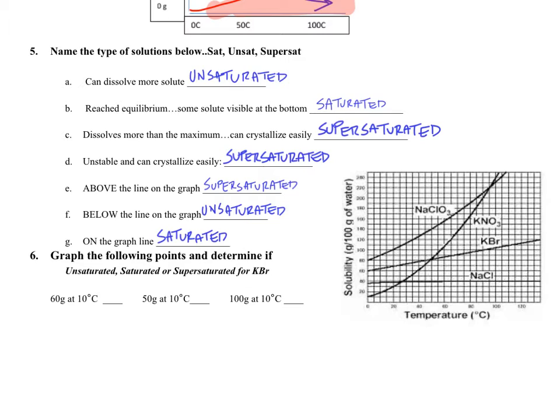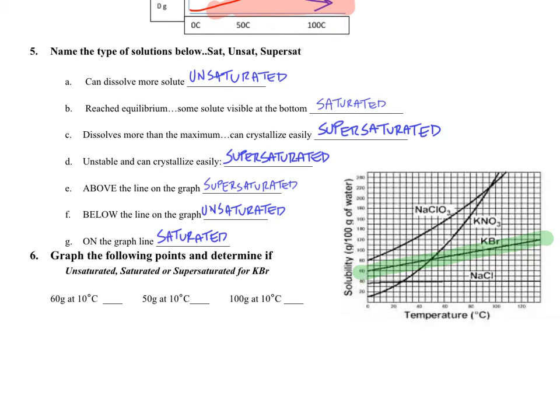So I'm only looking at potassium bromide, and I'll highlight that line right here. The first one is 60 grams at 10 degrees Celsius. Can you tell me if that's unsaturated, saturated, or supersaturated for potassium bromide, the highlighted line in this graph?